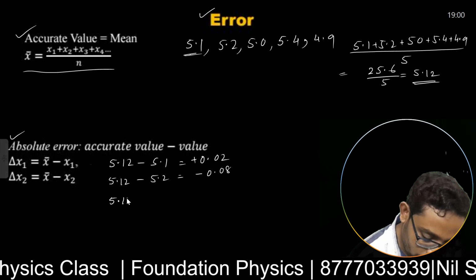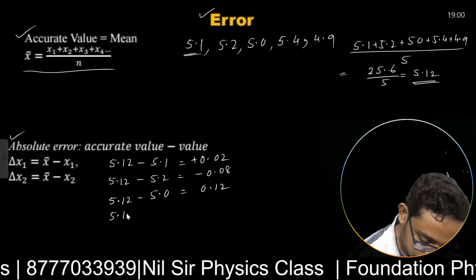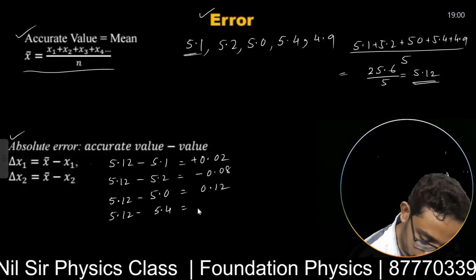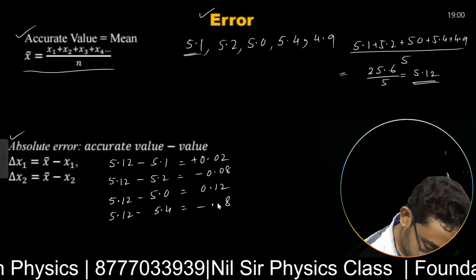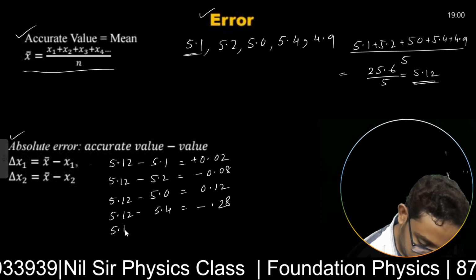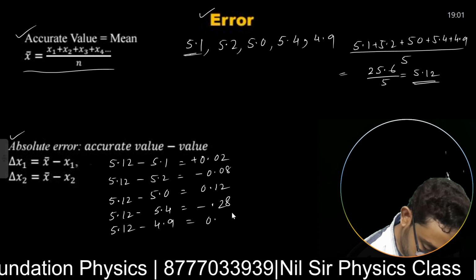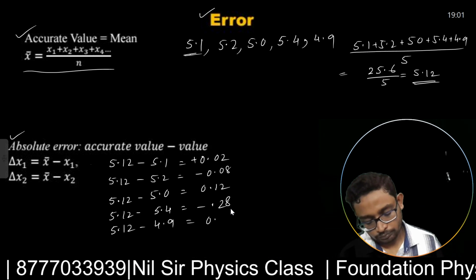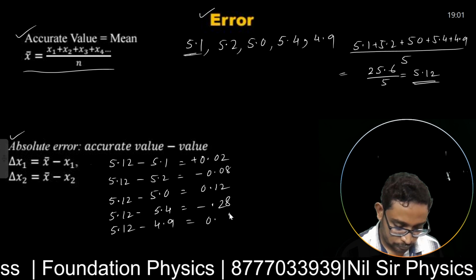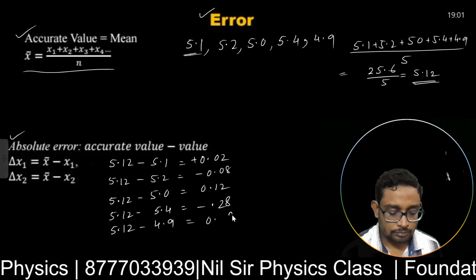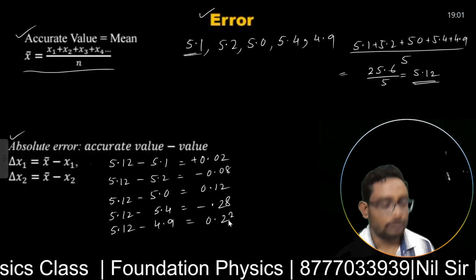In the third case, 5.12 minus 5.0. Fourth case, 5.12 minus 5.4, and in the last case, 5.12 minus 4.9. Correct.